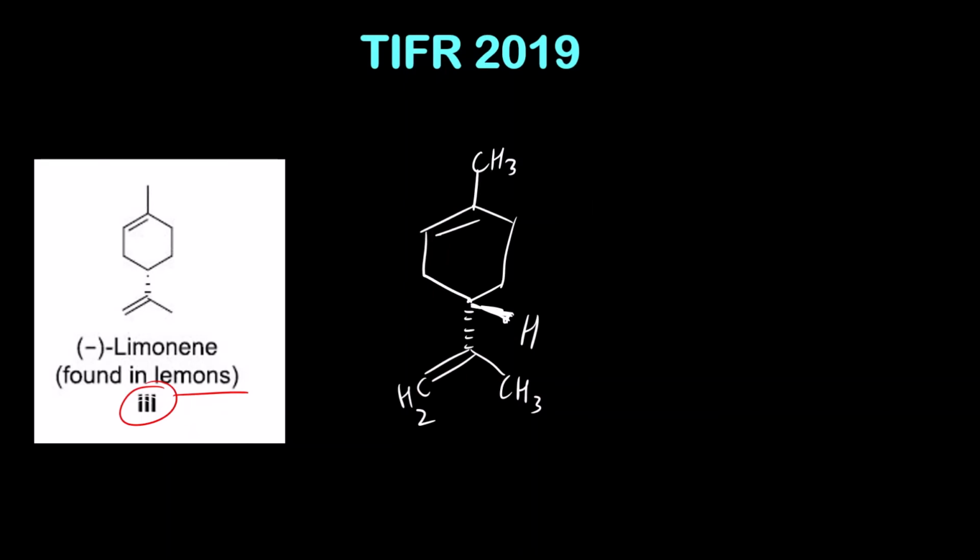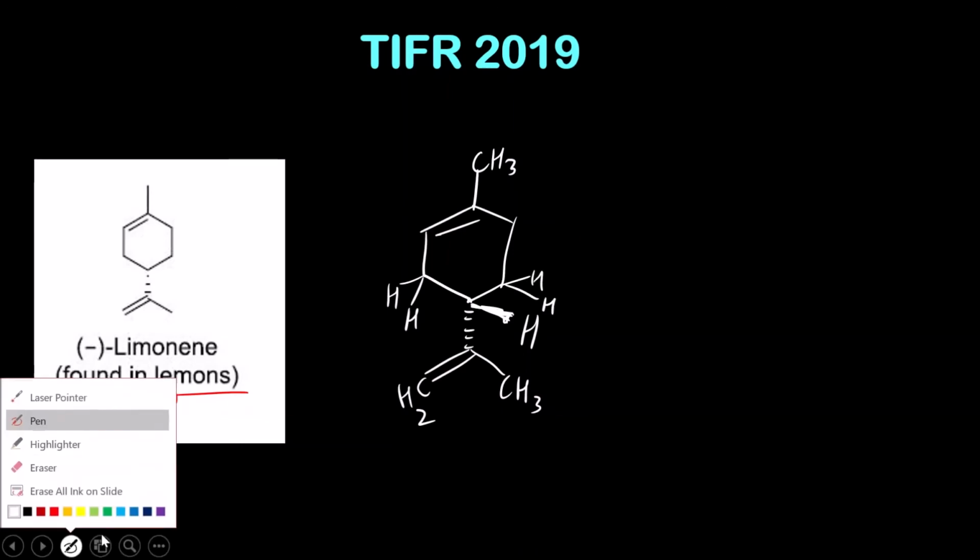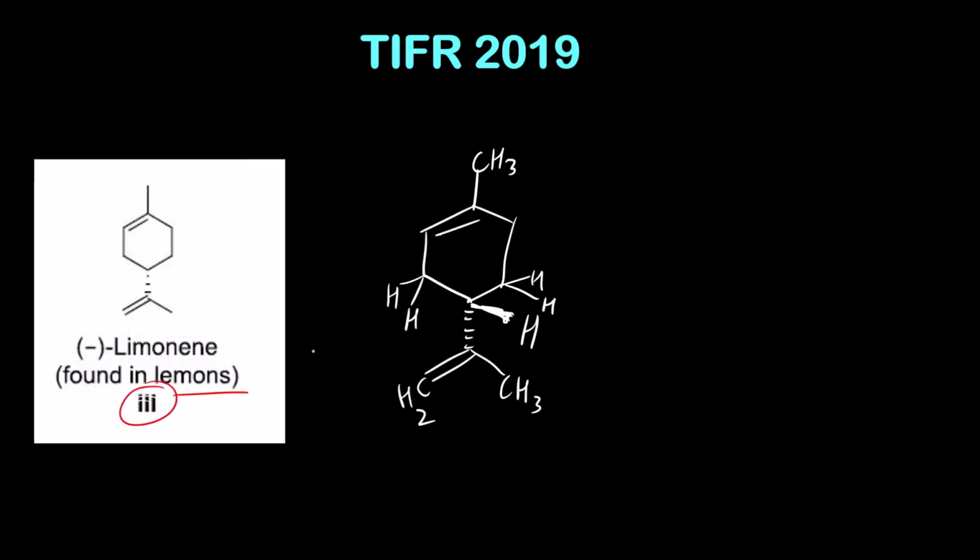So again, let us try to assign the priorities. Hydrogen will get the least priority, and here this carbon is attached to 3 other carbons, so this will get the first priority.